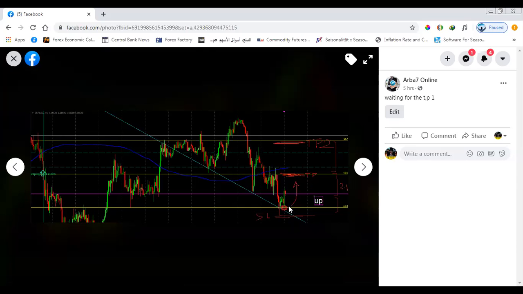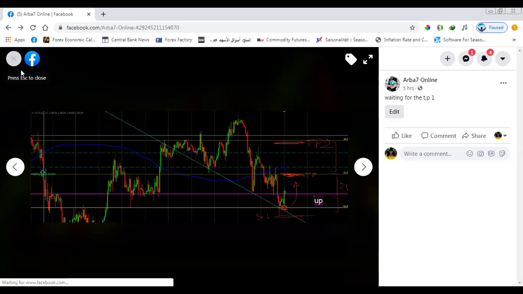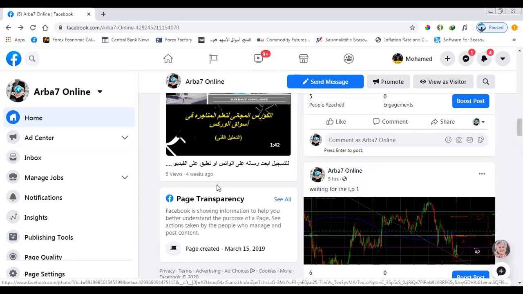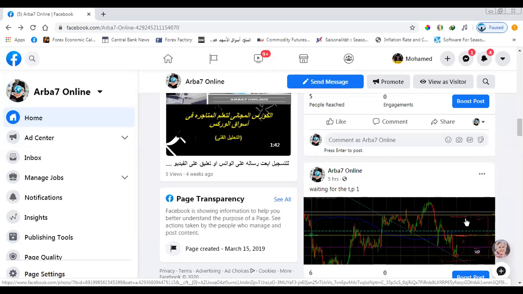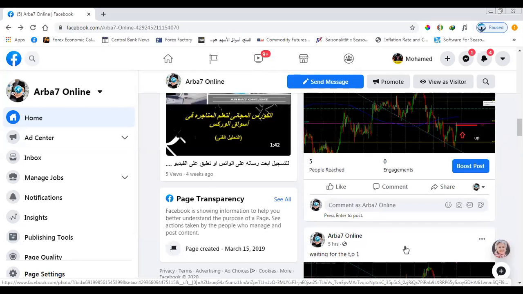So I told them yesterday that the euro will arrive at the levels here. It was almost something like 37 or 40 pips, and thank God today it has already arrived, and more. I was also putting take profit 2 here in case of taking take profit 1.